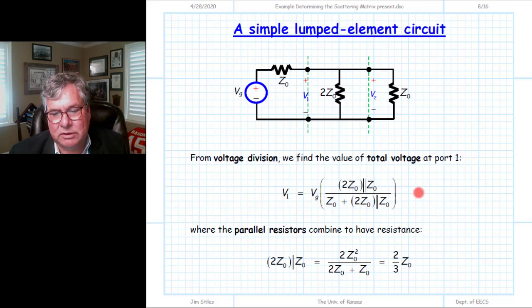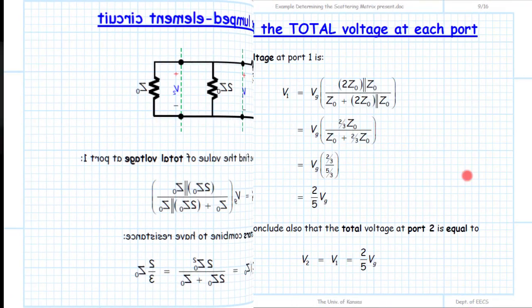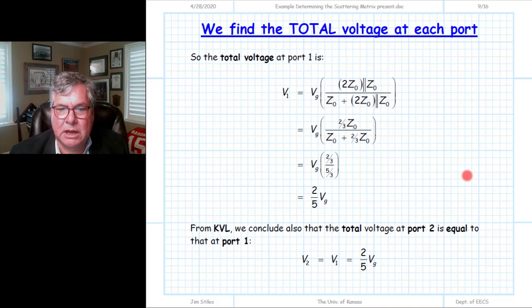So here's the voltage. The combined resistances in parallel turn out to be a value of 2/3 Z0. So we insert that result into our voltage division equation, and we find that the total voltage V1 is equal to 2/5 VG.